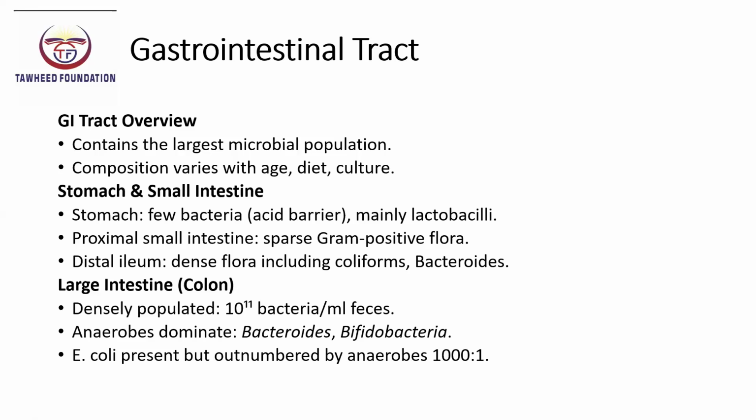So in the stomach, few bacteria, which is the acid barrier, mainly lactobacilli; the proximal small intestine has a sparse gram-positive flora; and the distal ileum has a dense flora, including coliforms and bacteroides. In the large intestine, colon, it is densely populated with bacteria per ml of feces. Anaerobes dominate: bacteroides, bifidobacteria, and E. coli are present but outnumbered by anaerobes, in a 1000:1 ratio.